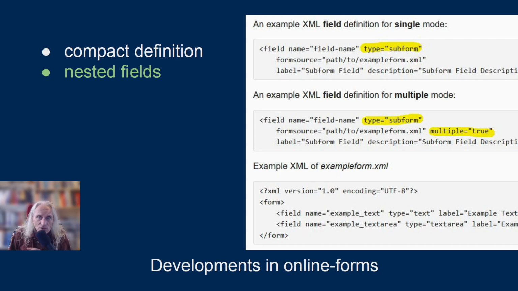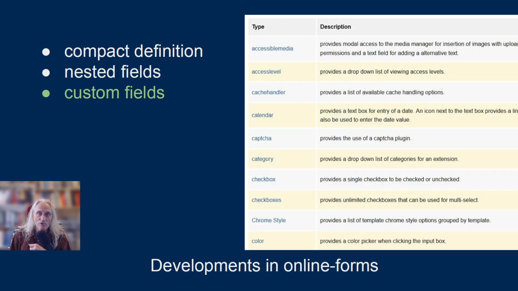You are not only limited to those original 10 basic HTML form elements, but now you have specialized fields for inputting color or inputting a date, or dozens of specialized input fields, and you can make your own custom fields. So that's really going in the direction of typing.